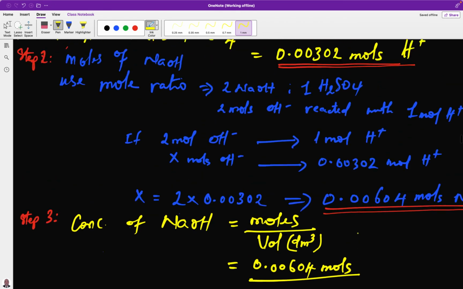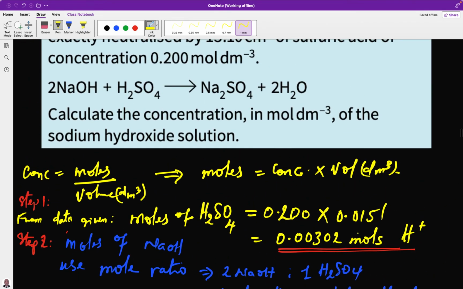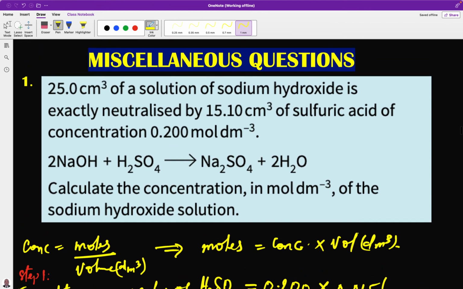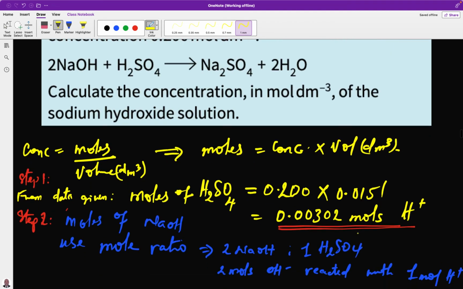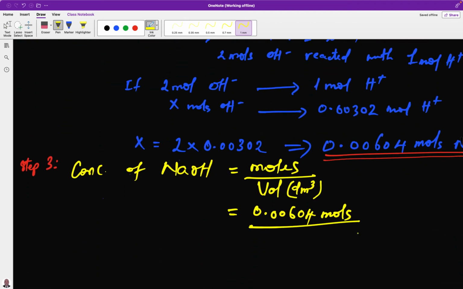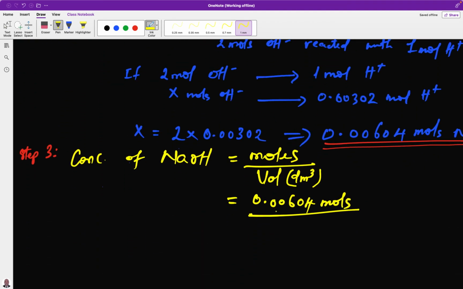The volume of sodium hydroxide that was given was 25. 25 converted to dm cube is 0.025 dm cube.